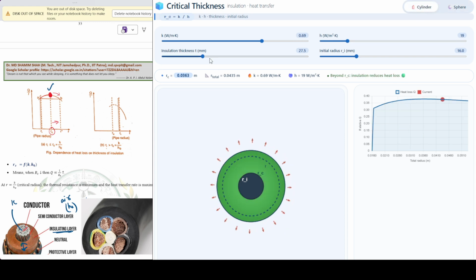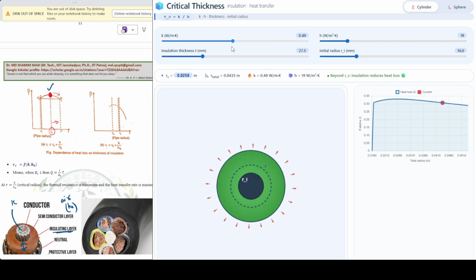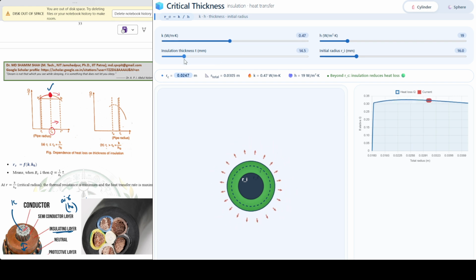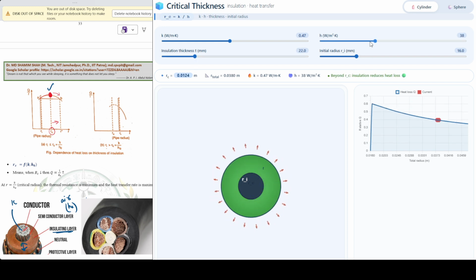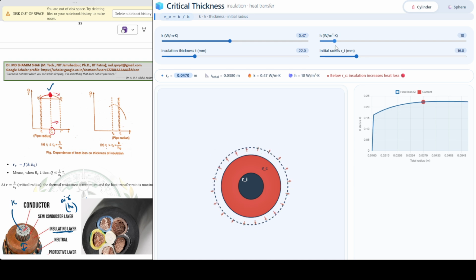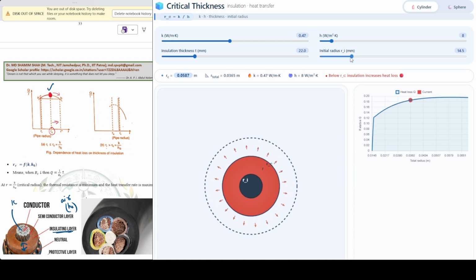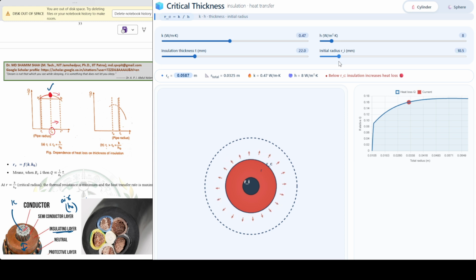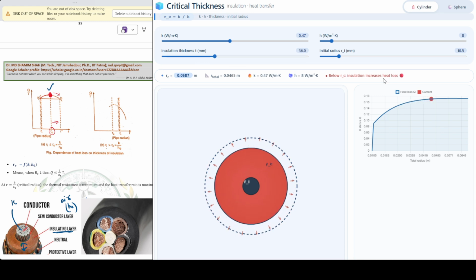See here what we had seen. The RI I have set here. As we are increasing the thickness of insulation, the heat loss is increasing.